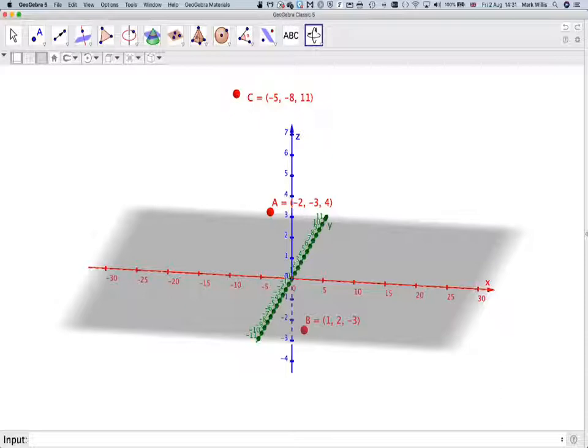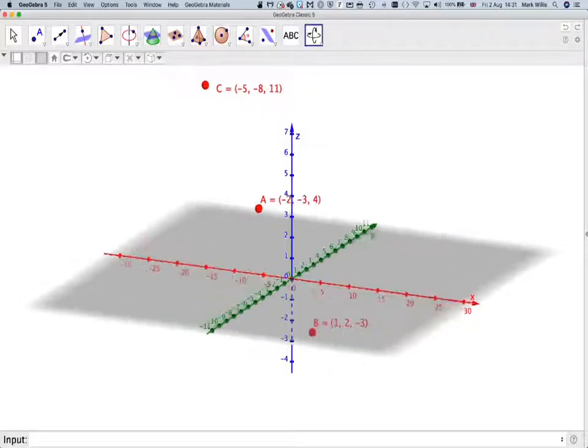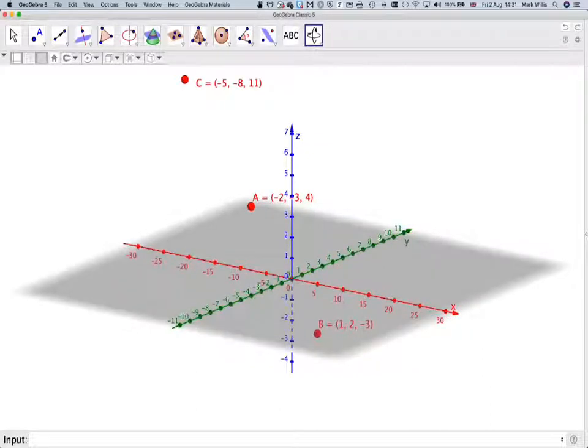Now one way to show that these 3 points are in a straight line, we'll just move this around a bit so we can see it better, is to take a vector and take a point. It doesn't matter which point you take, but I'm going to take A in this case, and find the vector AB, and then also find the vector AC.